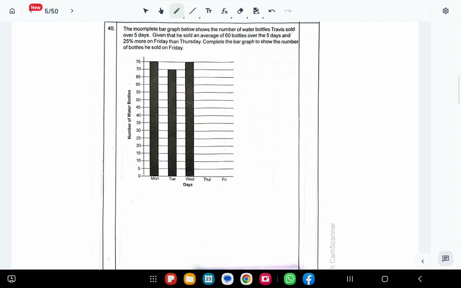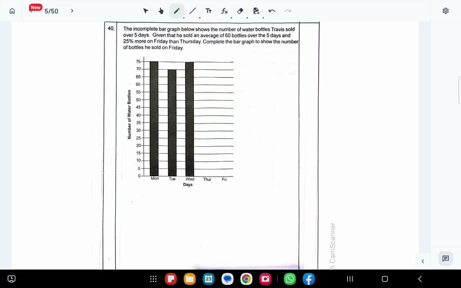Moving on now to number 40. The incomplete bar graph below shows the number of water bottles Travis sold over 5 days. Given that he sold an average of 60 bottles over the 5 days and 25% more on Friday than Thursday, complete the bar graph to show the number of bottles he sold on Friday.